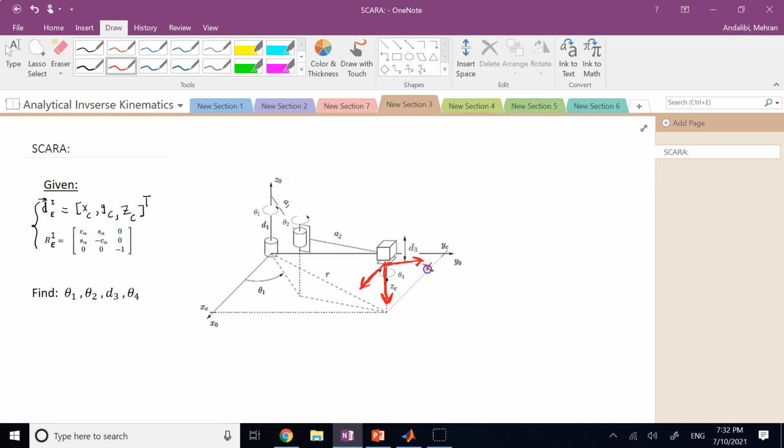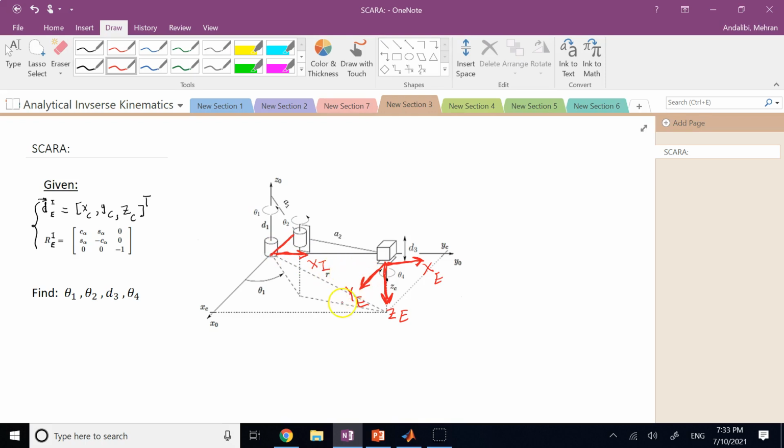So this was x of the end effector, this was z of the end effector, this was y of the end effector. And the base frame, this one was x, and this direction was y.